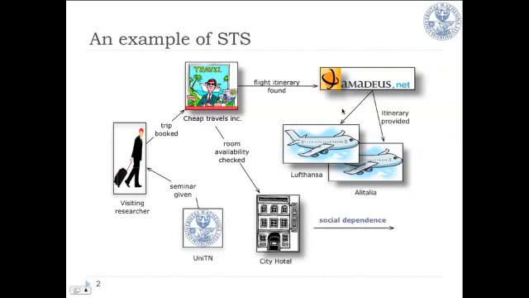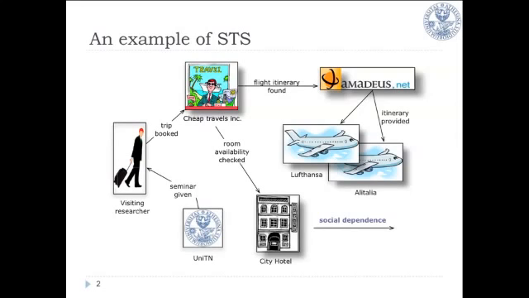In this scenario, I've considered that the Amadeus flight service interacts with the Lufthansa airline company services and Alitalia in order to provide an itinerary to the researcher. On the other hand, in order to book a hotel, again, the travel agency is interacting with different hotels in the city in order to check room availability and to find a room for the designated dates that the researcher might need.